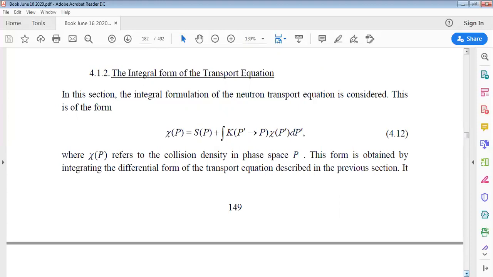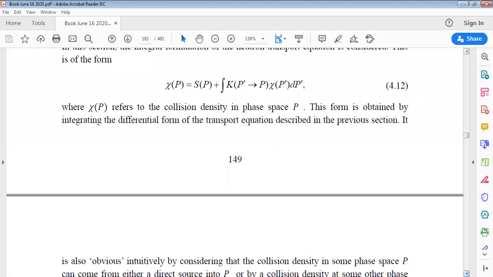You can add the solutions for each one, and that will be the correct solution in the presence of all the sources. So that's what linearity means in this context. The consequence is that you can use Green's function, which is a response function: the response at a detector position due to a source at a source position.